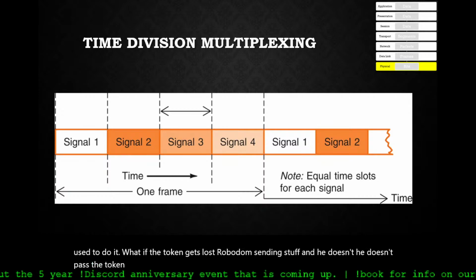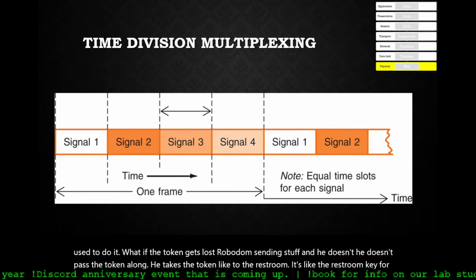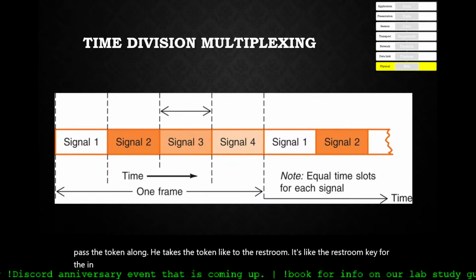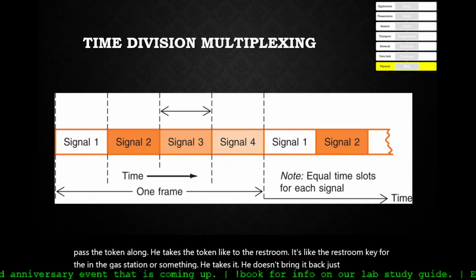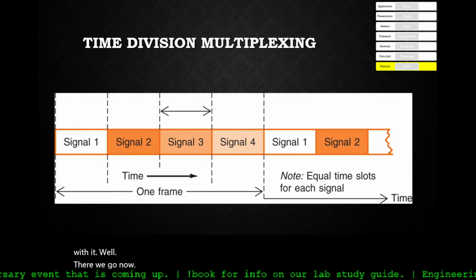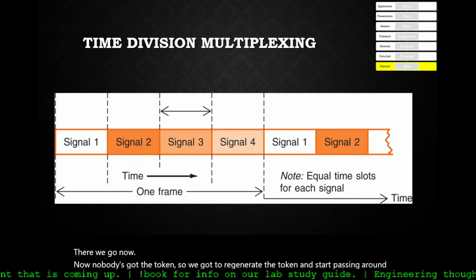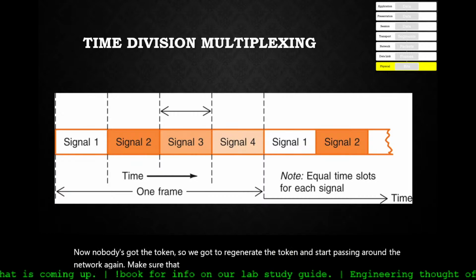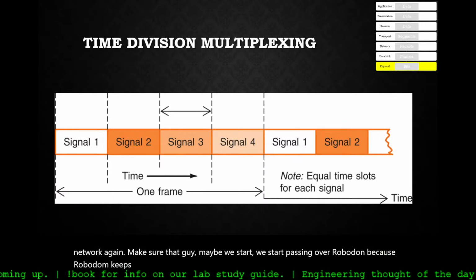He takes the token like to the restroom, like the restroom key at the gas station or something. He takes it. He doesn't bring it back. He just drives off with it. Well, there we go. Now nobody's got the token, so we got to regenerate the token and start passing around the network again. Maybe we start passing over Robodom, because Robodom keeps throwing tokens away, right?